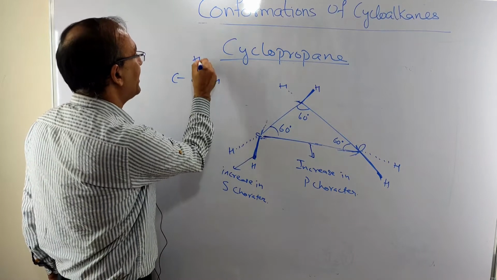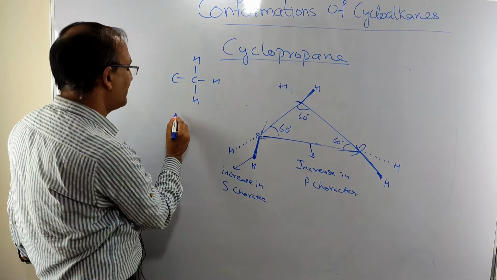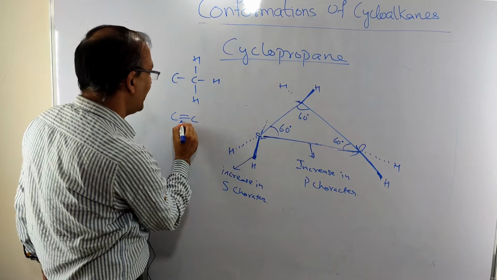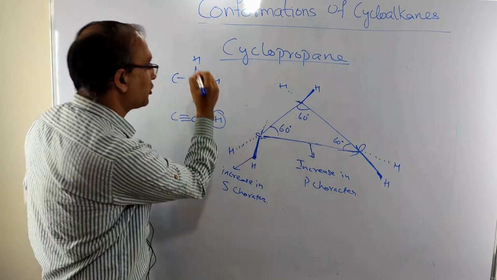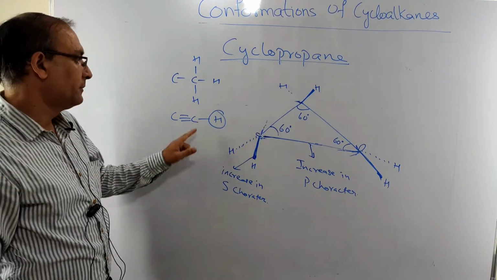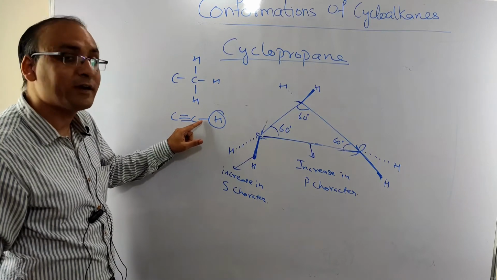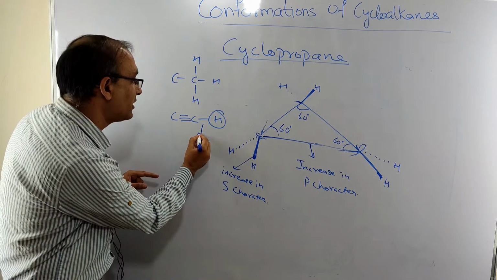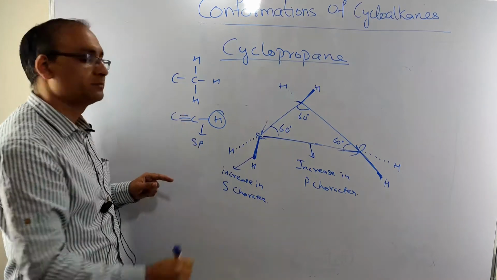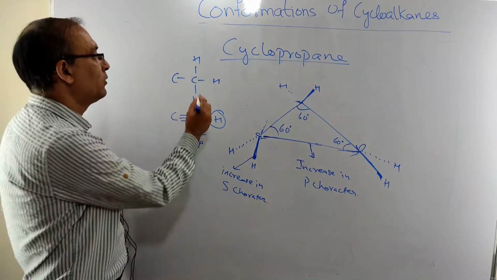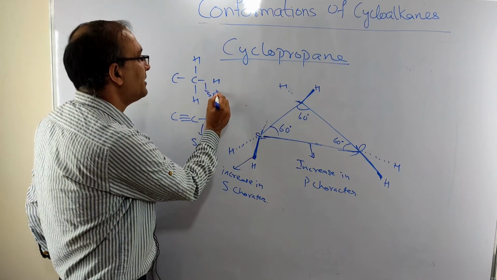Between ethane and ethyne, let us just take this one. Between ethane and ethyne, this proton is more acidic. Why? Because this bond has more s character, because this bond is sp hybridized, whereas this bond is sp3 hybridized.